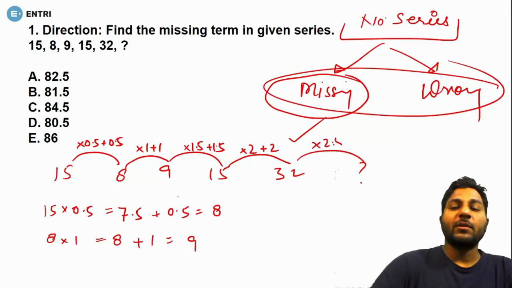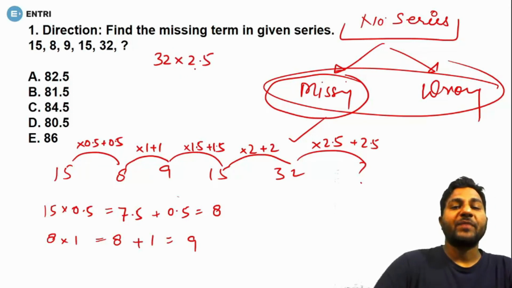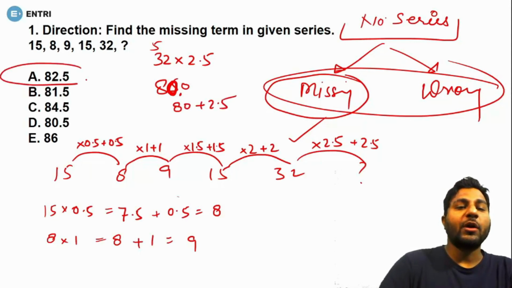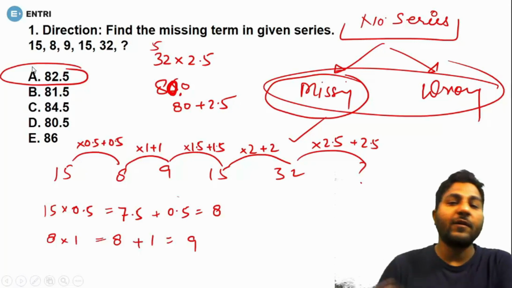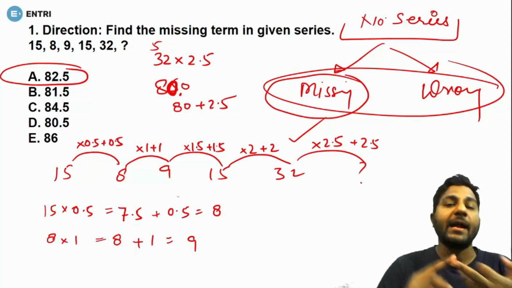The next number you multiply with 2.5 and also add 2.5. So 32 into 2.5: 25 twos are 50, 25 threes are 75, that means 80. 80 plus 2.5 becomes 82.5. So it's a clear case of a mix of product and addition.